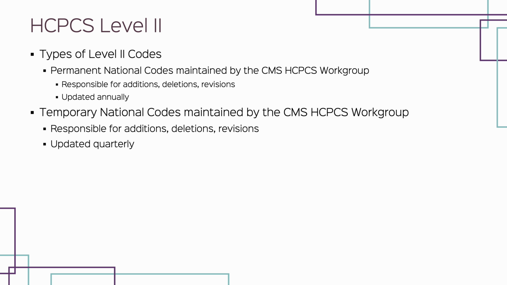These codes can be added, changed, or deleted on a quarterly basis, allowing CMS to respond quickly to new technologies or evolving healthcare services. This update process ensures that the HCPCS code set stays current and reflects real-world coding practice, which is especially important for compliance and reimbursement accuracy.